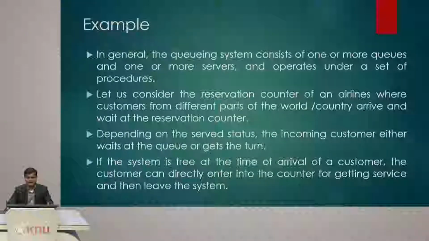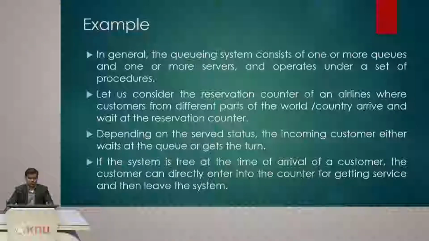You can take any example. Depending on the service status, the incoming customers either wait in the queue or get their turn. So if the system is free at the time of arrival of a customer, the customer can directly enter the counter for getting service and then leave the system.